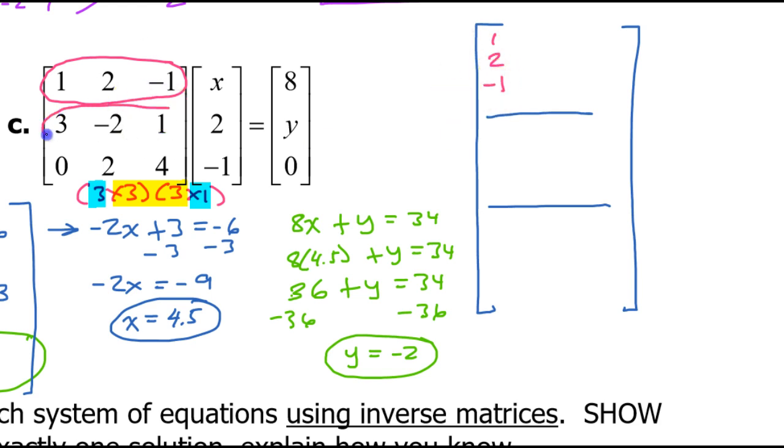Row 2 belongs in row 2, so I will have 3, negative 2, 1. Row 3 belongs in row 3, so I will have 0, 2, and 4.